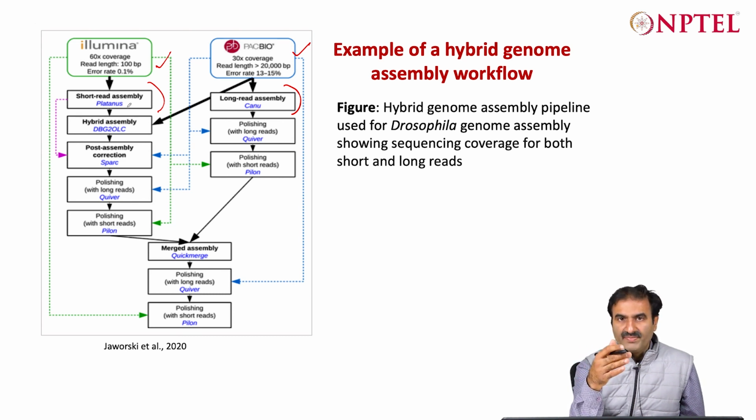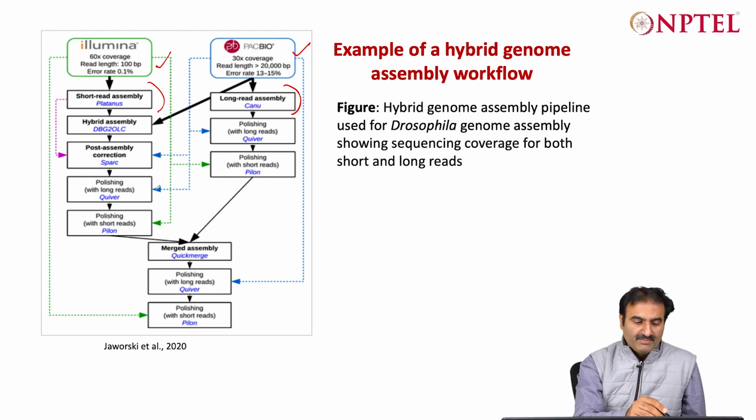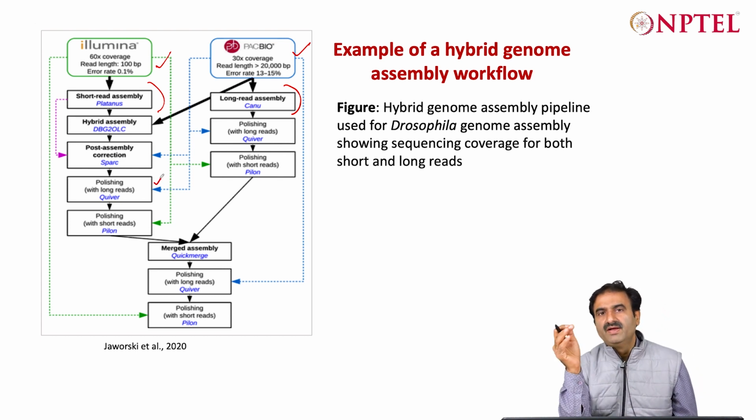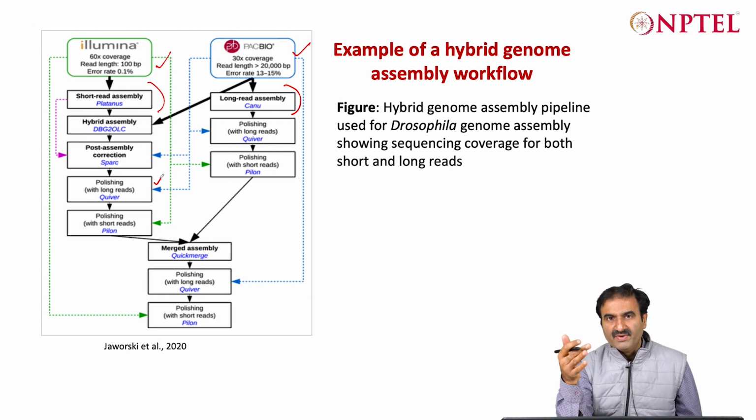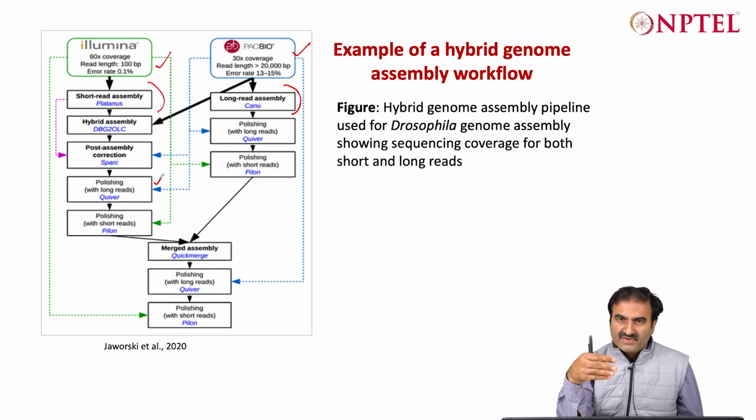And then at various steps you will be doing the polishing. Polishing means that now a consensus is built using the two assemblies, merging the two together, but still you can correct the final assembly using information either from the short reads or from the longer reads to fix up the errors in the assembly.